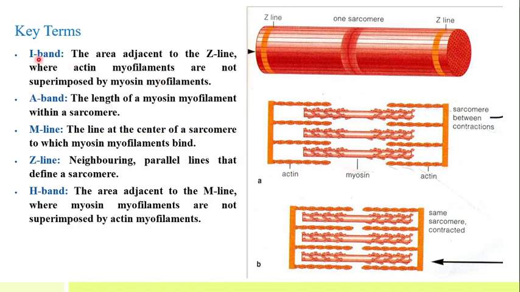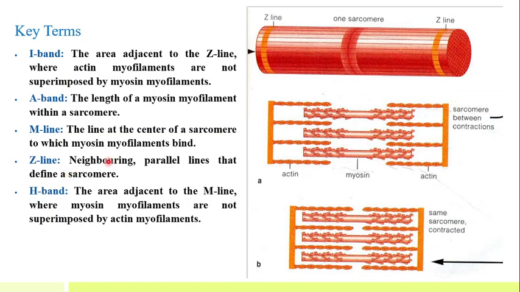See here, I band, the area adjacent to the Z line where actin filaments are not superimposed by myosin filaments. A band, the length of myosin myofilament within a sarcomere. M line, the line at the center of a sarcomere to which myosin myofilaments bind.